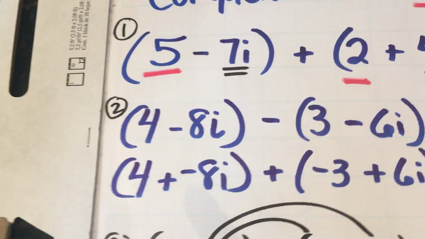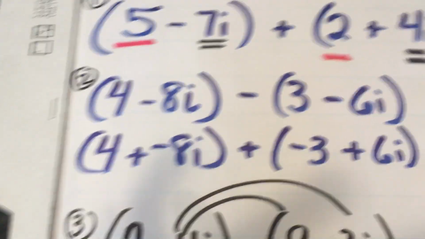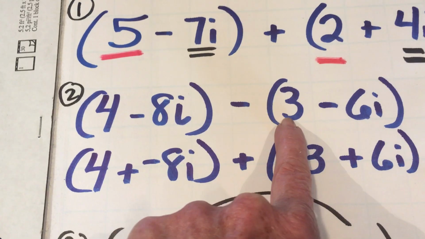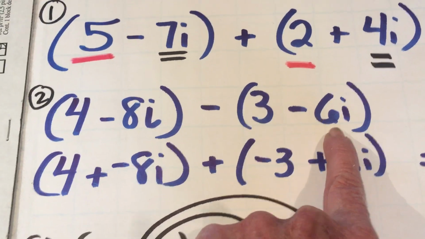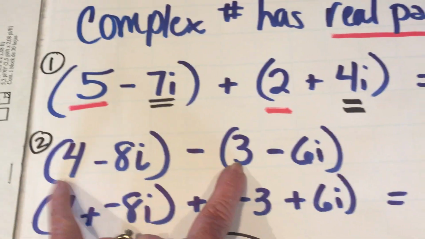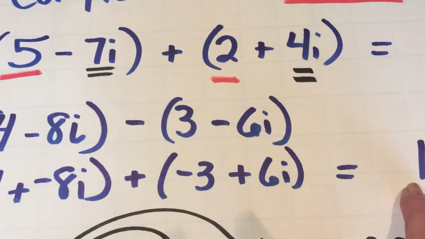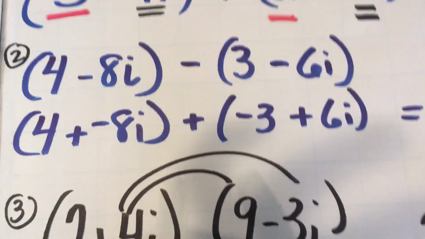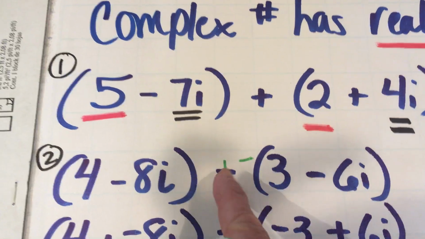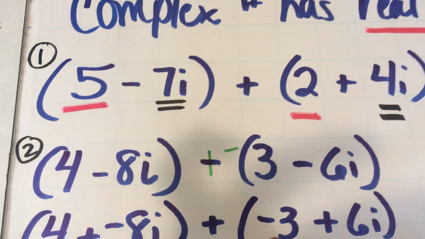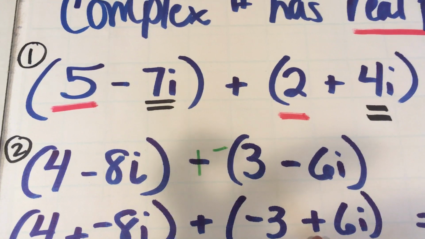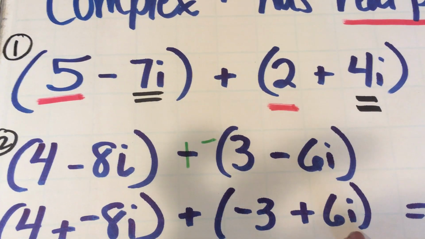We can also do the same thing with subtraction. We have 4 minus 8i minus the quantity 3 minus 6i. So we're going to subtract the real parts, 4 minus 3, that gets us 1. Okay, the second part, here I would probably have changed this to add the opposite. The opposite of 3 is a negative 3, and the opposite of subtracting a 6i is to add a 6i.